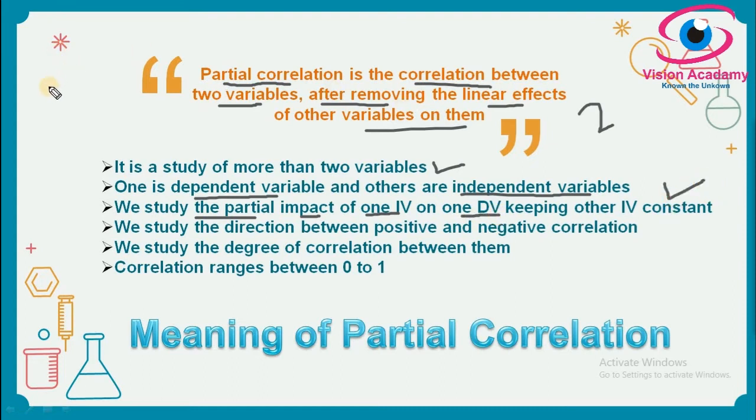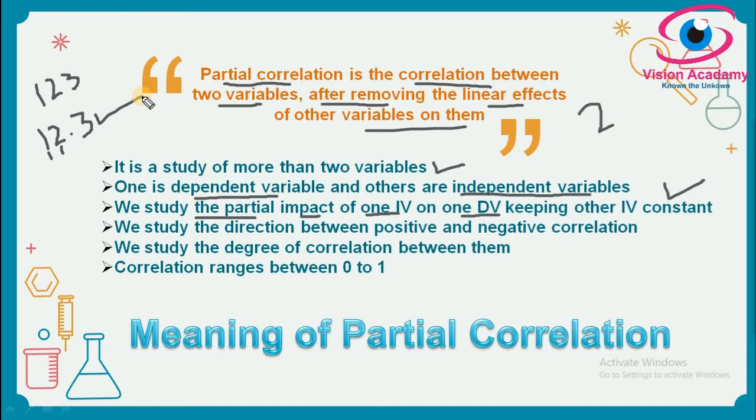Let us take an example, like we have variables 1, 2, 3. Here I will take R12.1 as the first option in the case of partial correlation. In this case, one variable is dependent and one variable is independent. So we will study the relation between the independent variable and the dependent variable after keeping or eliminating the other independent variable.